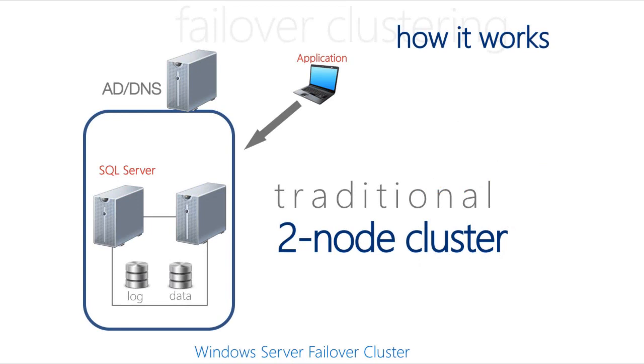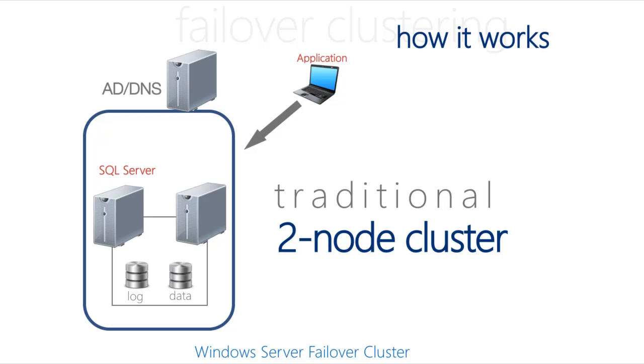Now, what is not commonly mentioned when you're reading through some of the blog posts or YouTube videos or some of the training materials out there when it comes to availability groups is the dependency on an external object, Active Directory and DNS. This means the availability of your failover cluster depends on Active Directory and DNS.